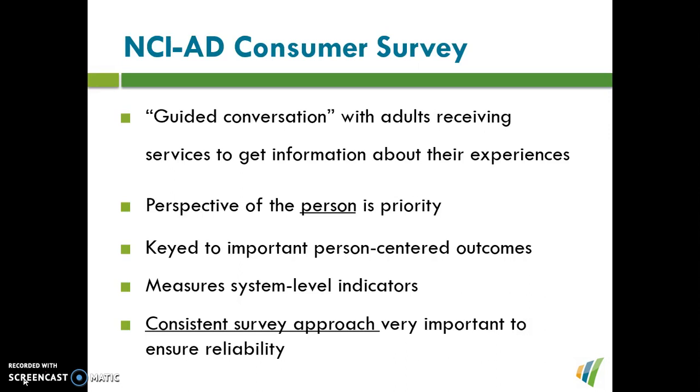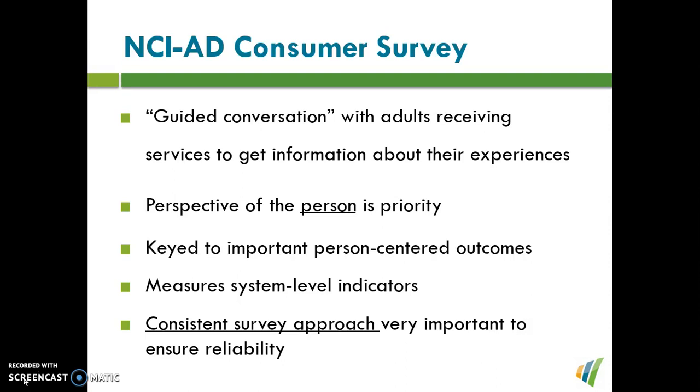That really leads me into this next point, which is that the perspective of the individual is the absolute priority here. So we really want to know how people think and feel about the services and supports that they receive. The survey itself is key to important person-centered outcomes and measures system-level indicators.